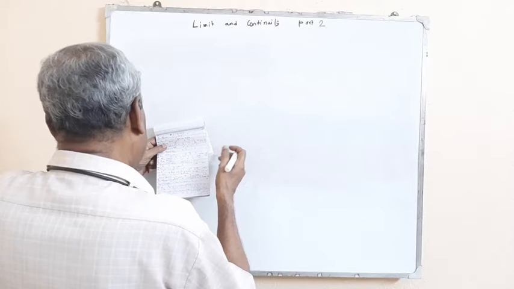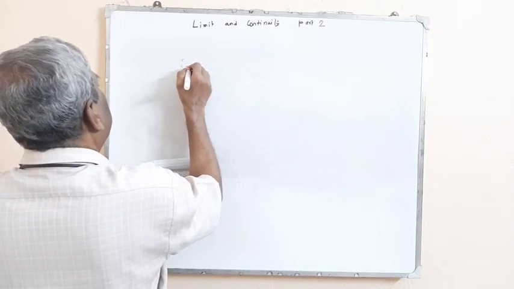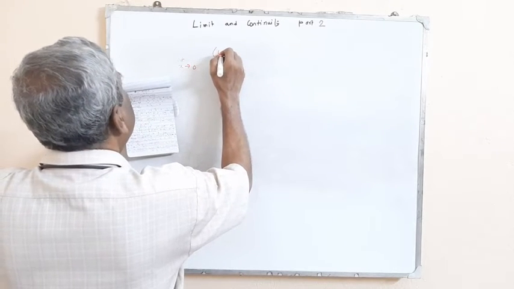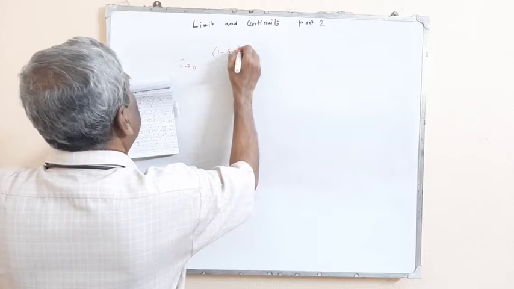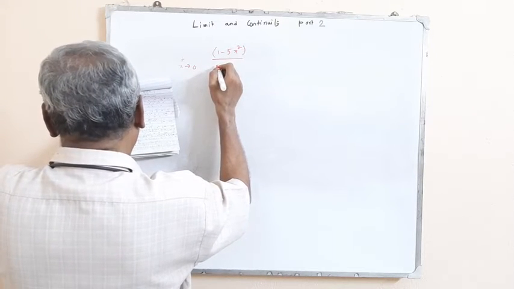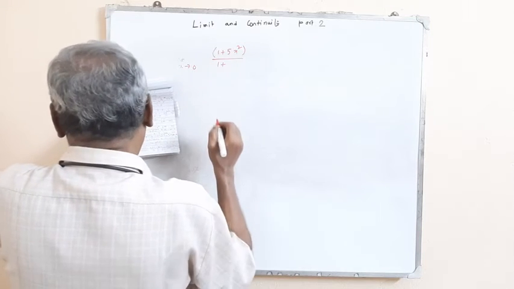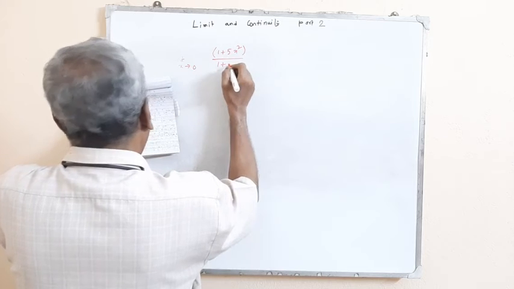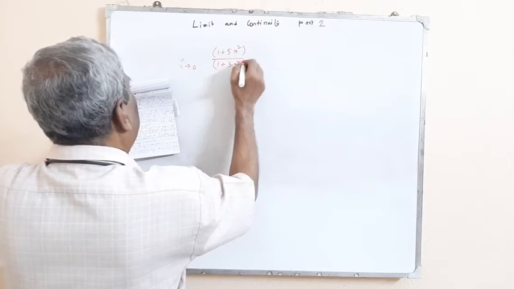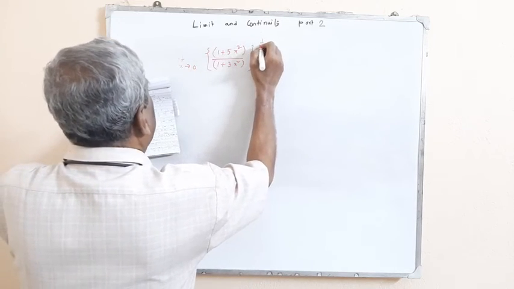Limit x tends to 0, (1 plus 5x square) by (1 plus 3x square), whole to the power 1 by x square.